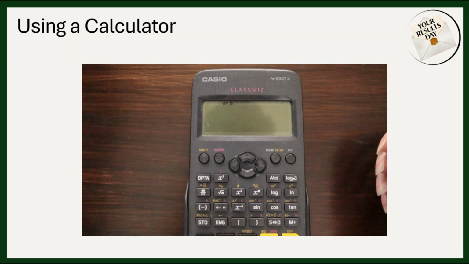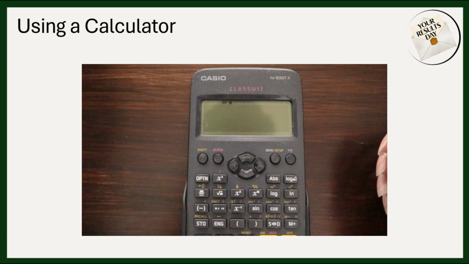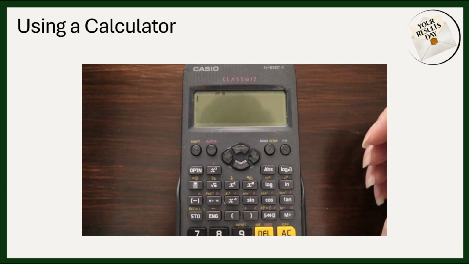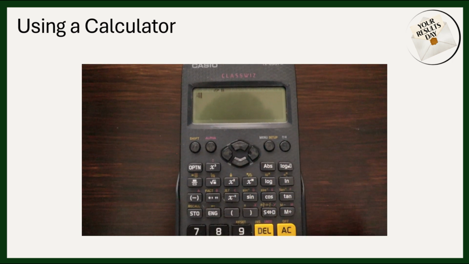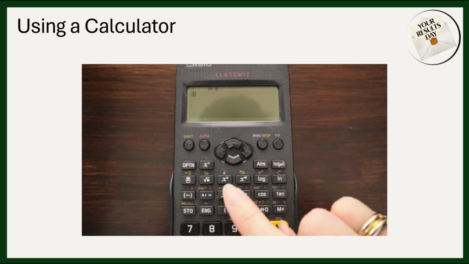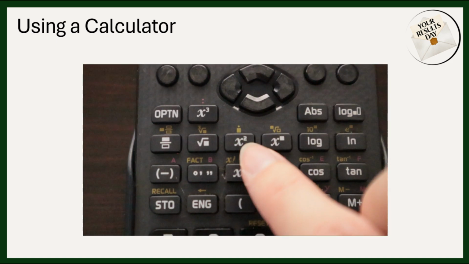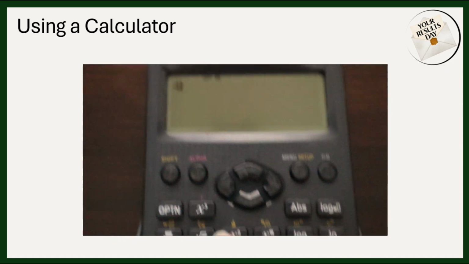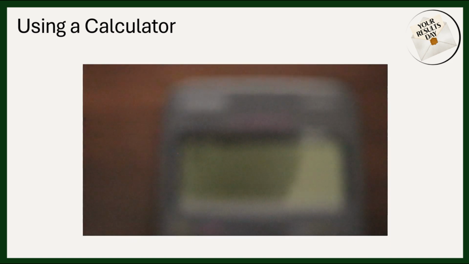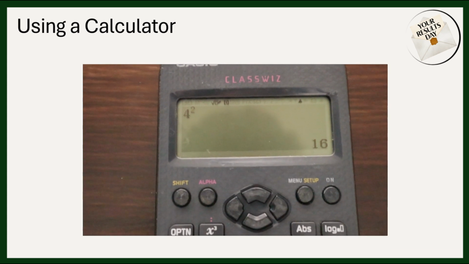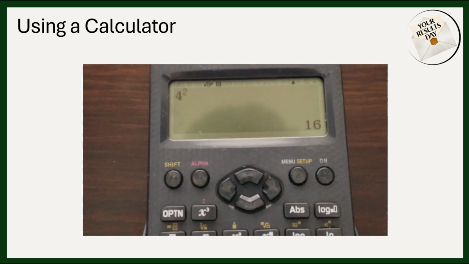If you are using a calculator and want to know which buttons to press to work these out, if you are wanting to square a number, so for example 4 squared, you will be looking at this button here, which has the little 2 on it. And when I press that one, I get squared on my calculator screen, hitting equals, and we get the answer 16.